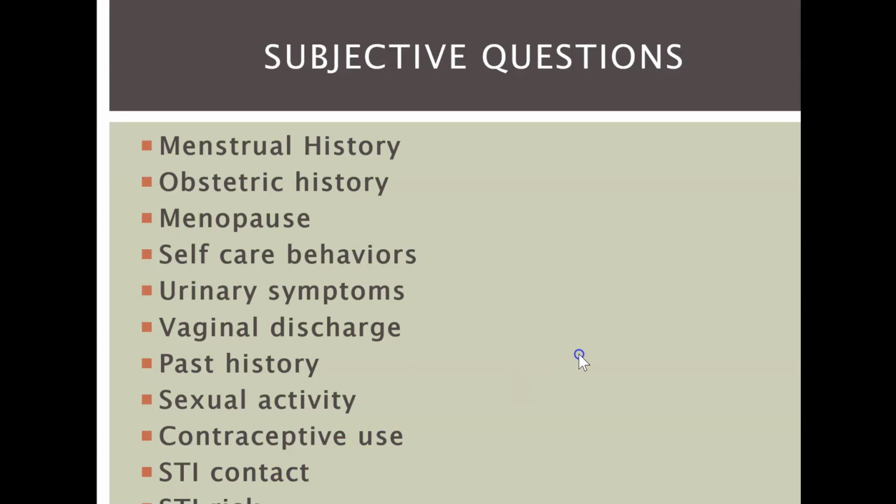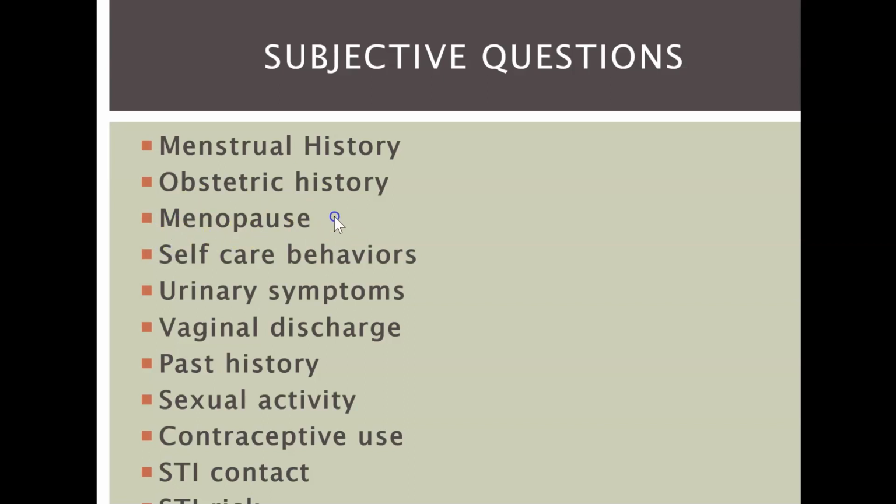So when you do an assessment of a woman, of course you're going to ask subjective questions like the date of the last period, age of first period. You're going to ask them if they've had any obstetric history, like giving childbirth, whether or not they're in menopause, and self-care behaviors.